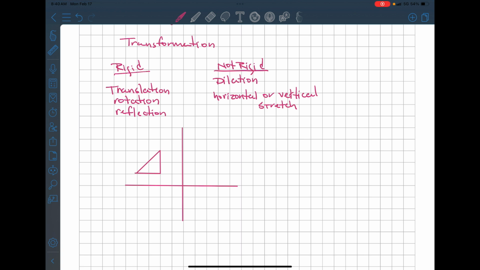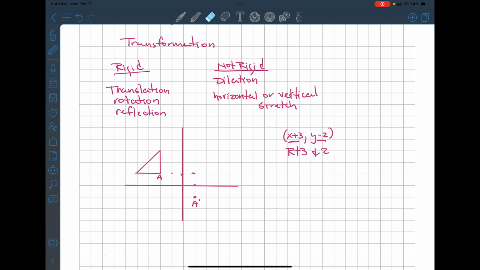All right, and if I said that I want to move this triangle x plus 3 and y minus 2, that means I'm going to move it right 3, and this negative 2 means down 2. So I'm going to go 1, 2, 3, and then 1, 2. This is this point. So if this were A, this would be A prime.